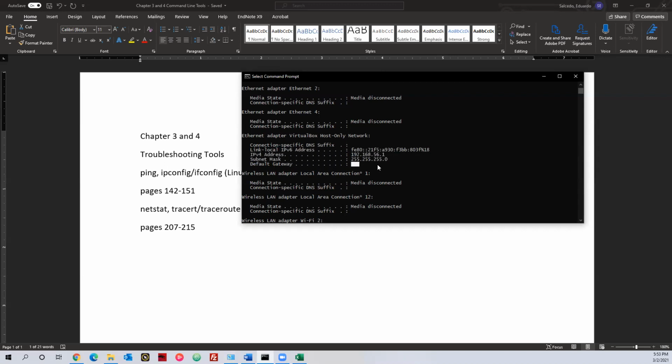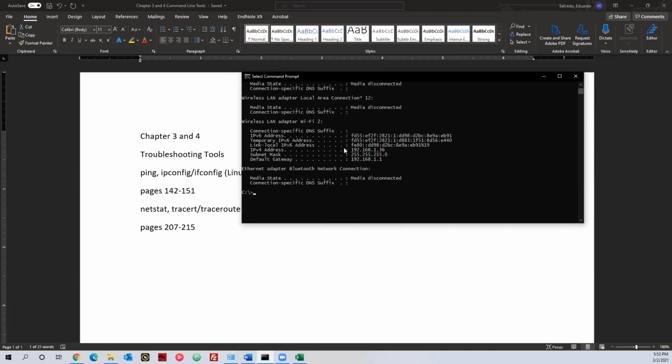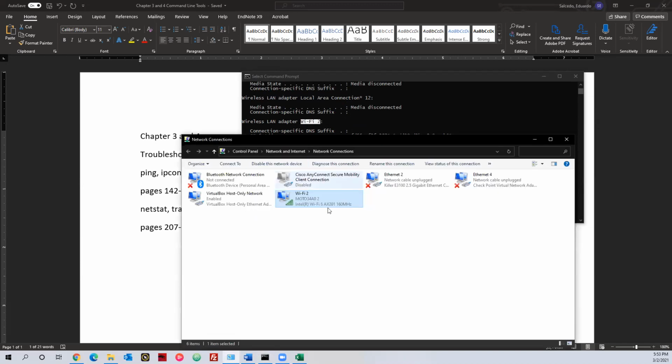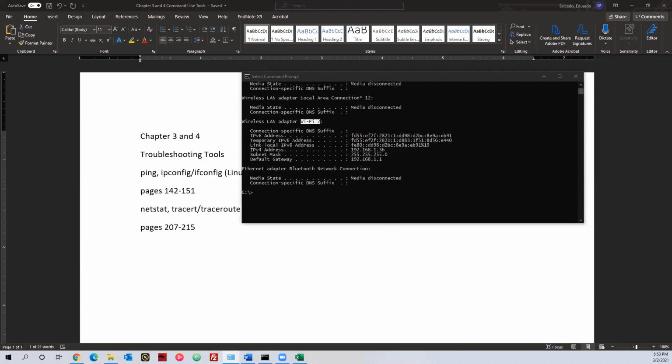And I did not put it so that it has access to the internet, so it doesn't have that. This Wi-Fi 2 is how I'm connected to the internet. And that is giving me information about my IP address in here, the gateway, and so forth.